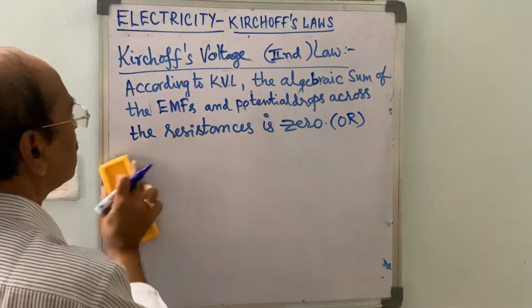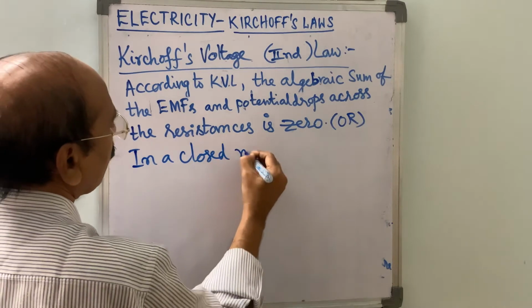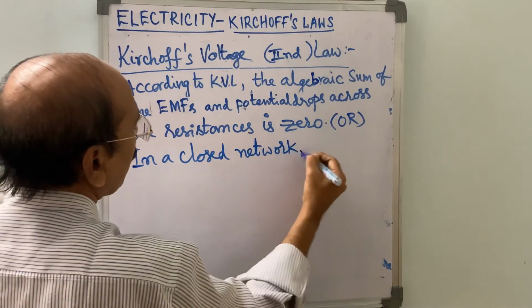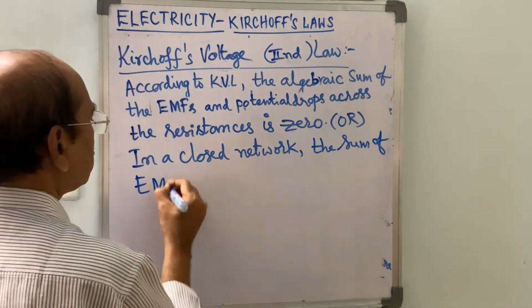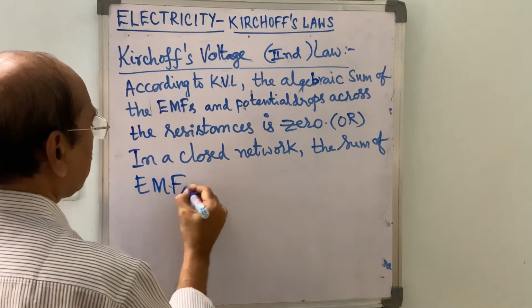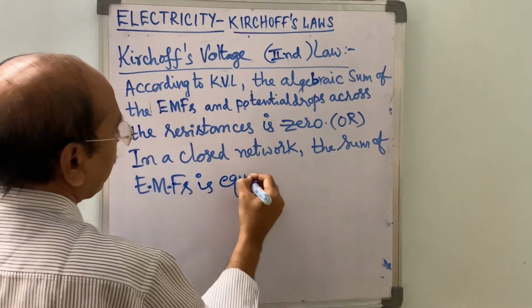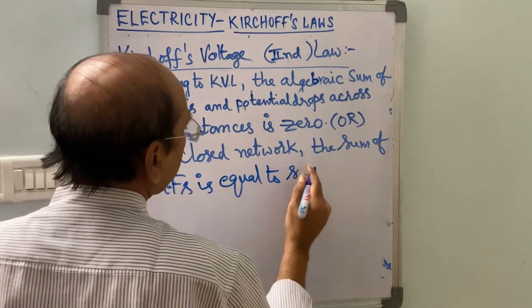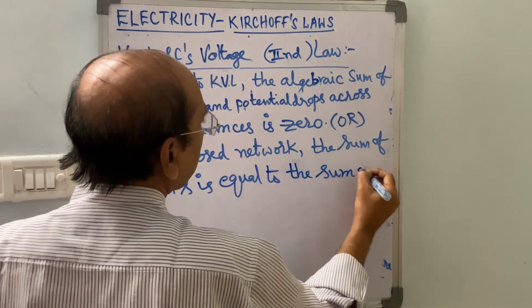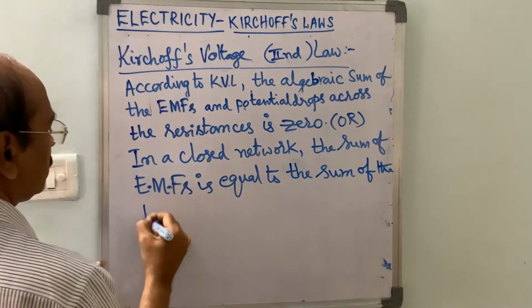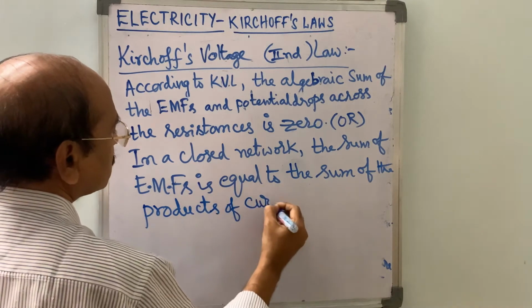In a closed network, the sum of EMFs is equal to the sum of the products of currents and resistances.